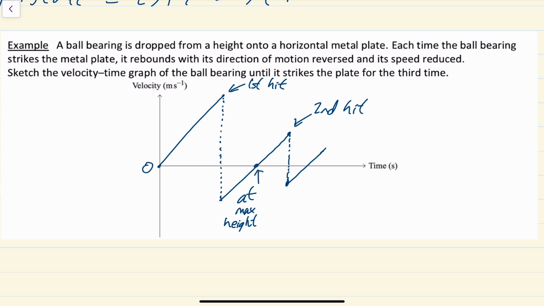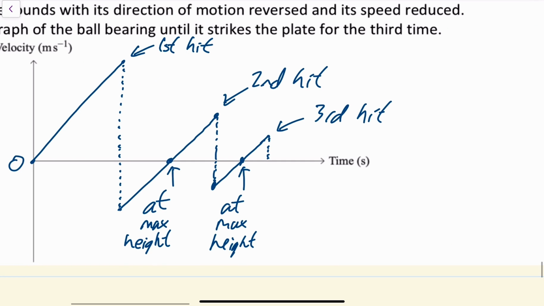And then it goes to here. And then again, this is going to be its new max height. And then it hits again. This is the third hit. So it hits until it strikes the plate the third time. I think that's us. That's the third hit. And just for completeness, I'll just finish that wee bit off. So that is very difficult.